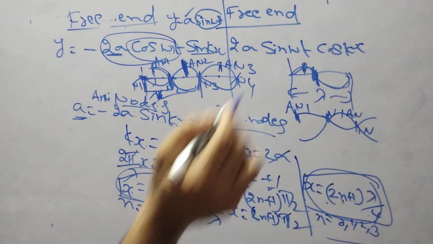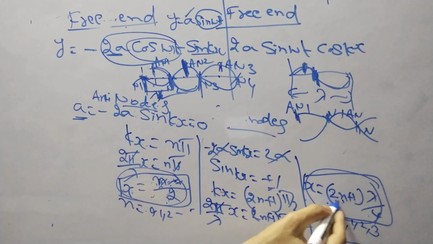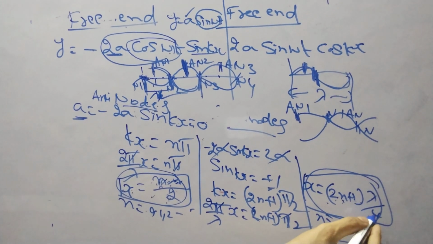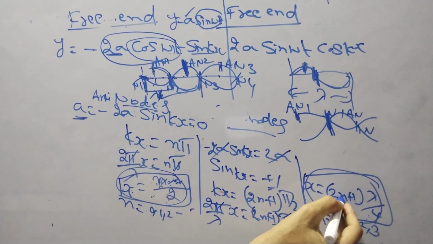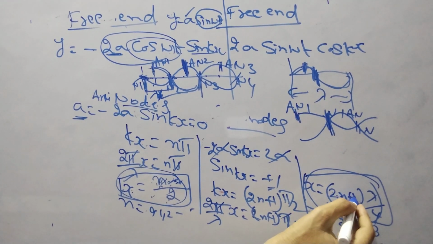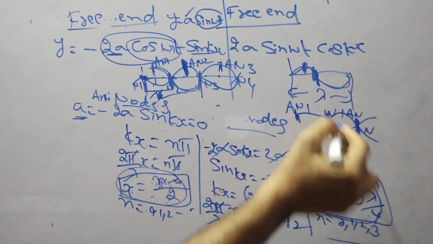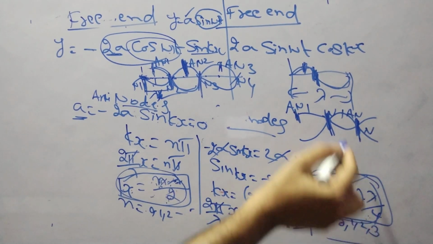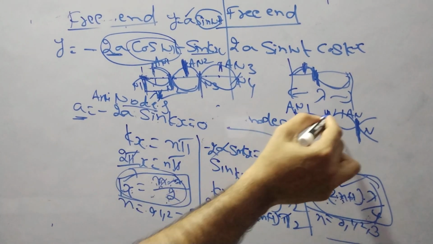These are the antinode values you will get. Here also, these are node values: by putting n equal to 0, lambda by 4 is the first node value. By putting n equal to 1, 2 plus 1 is 3, 3 lambda by 4 is the next node value. So by putting the values of n here we get node values, and there we get antinode values.